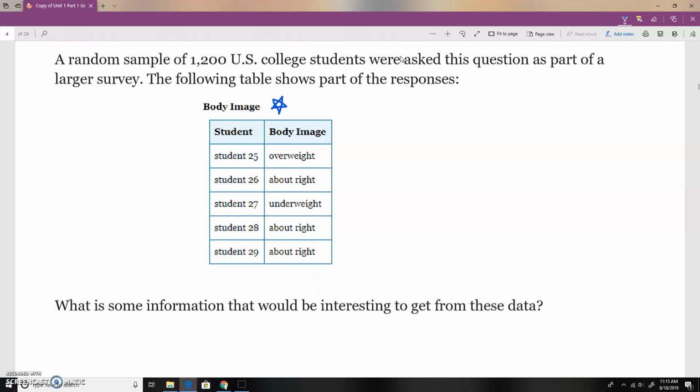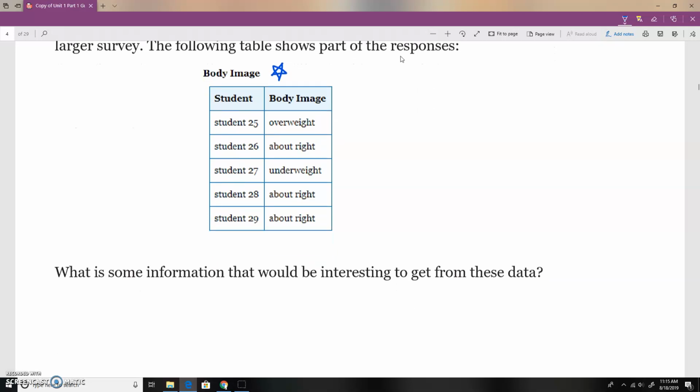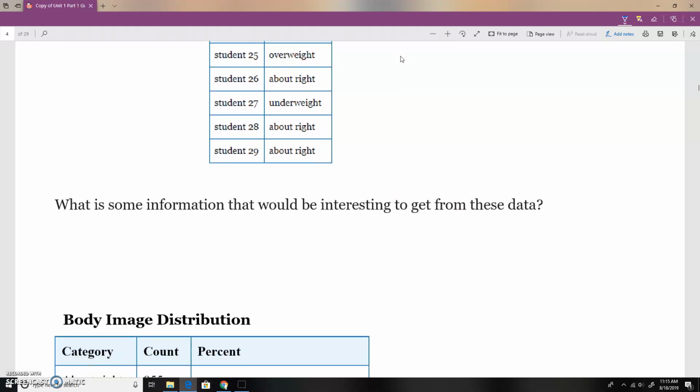Now, if we had some data like this, what's some information we'd be interested to get from this data? Well, one thing could be what percentage of students would be in each category.